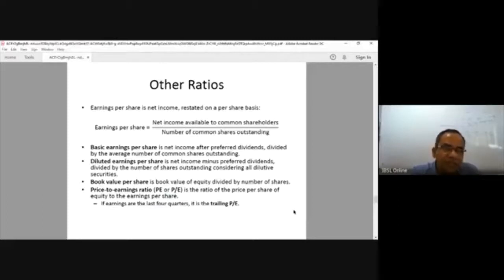The net worth divided by the number of shares gives you the book value of the share. That also people will look at. Let us say the book value of the share is, in this case, 50 rupees, but the share is trading at 100 rupees. You will say the share is trading at twice the book value.